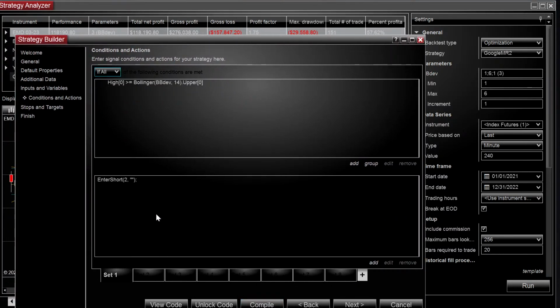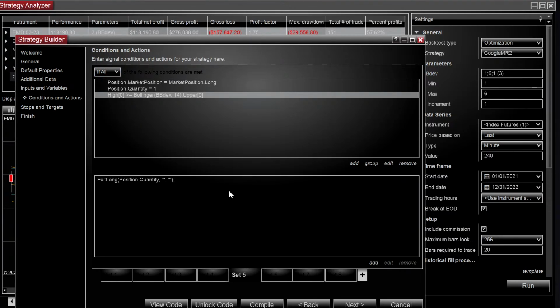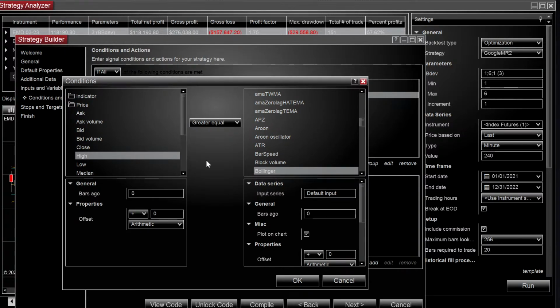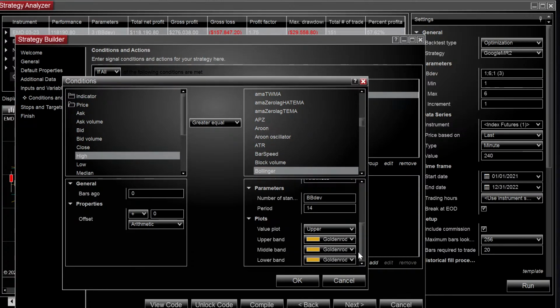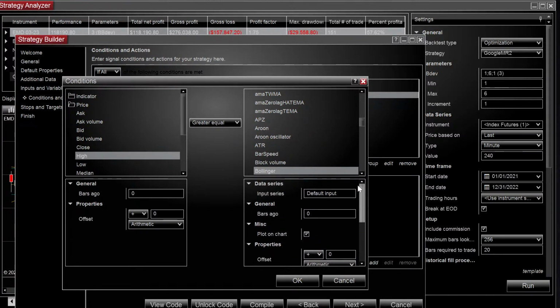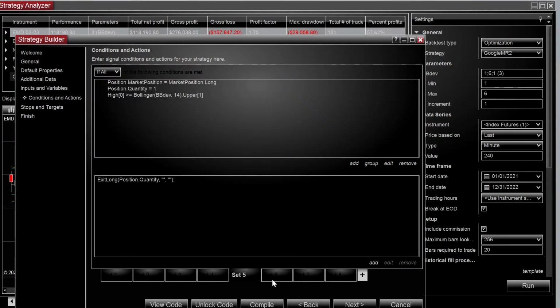So let's go back over here. So we can enter short, enter long, and there's that. Okay. So all we gotta do is say high is greater or equal to the upper band 1 bar ago. So it looks at the value of the upper band 1 bar ago, and then looks to see if it's greater than that or not.